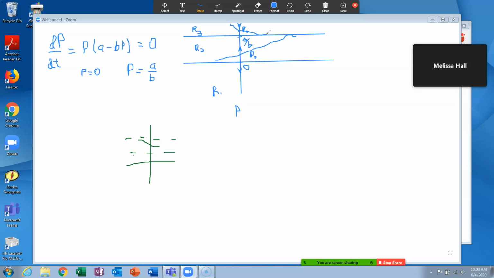Now, if you had a P0 down here somewhere, let's just pick it here. When t is equal to 0, your P is that value, a negative value. That puts you in region 1. That must mean up here you're coming from the horizontal asymptote and heading south, and continue heading south. You might lessen the slope, but guess what?